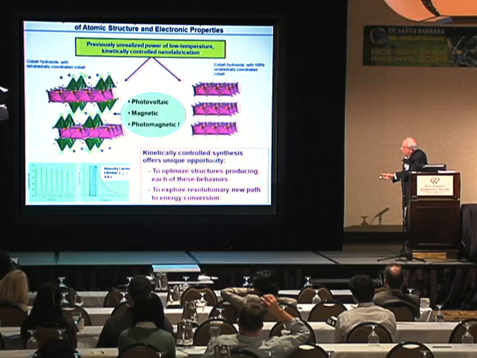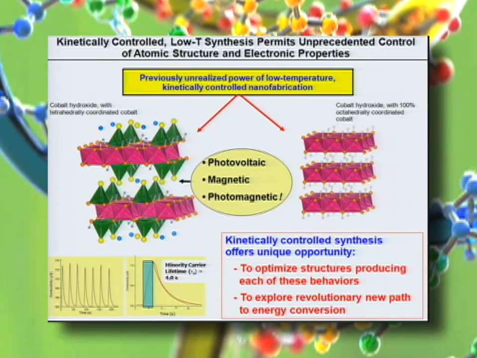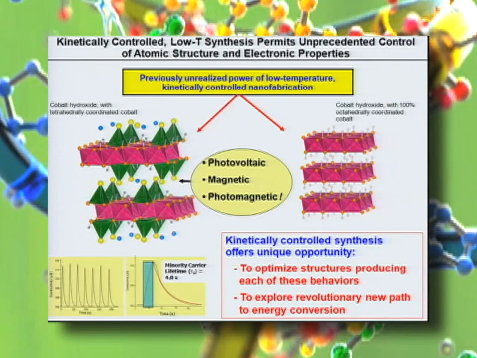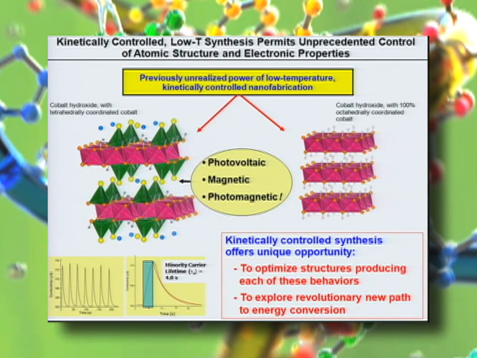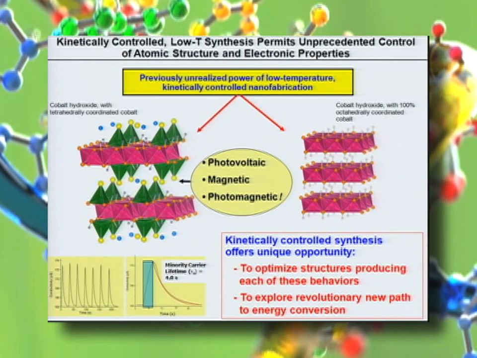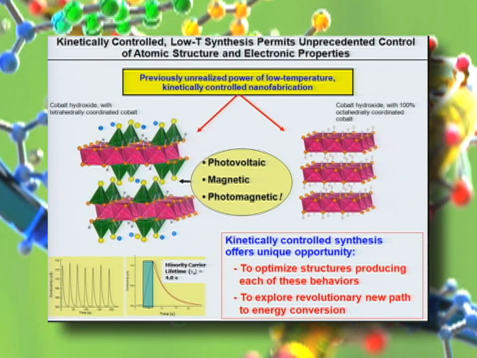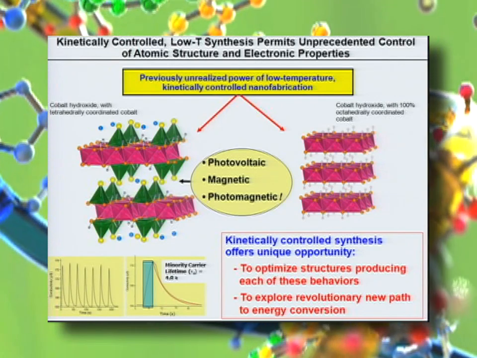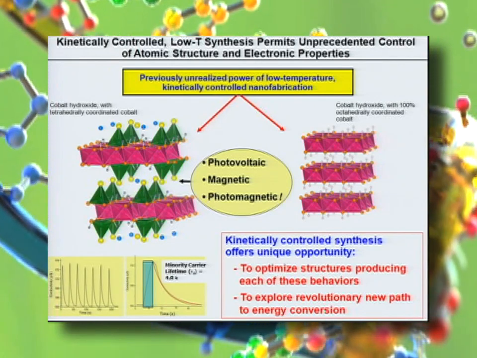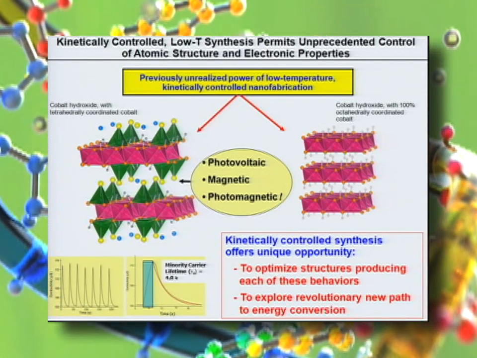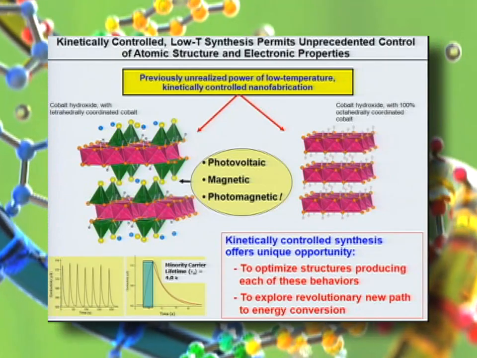This kinetically controlled synthesis, we believe, offers a unique opportunity to optimize structures like this responsible for these important behaviors, and thus to explore, among other things, a revolutionary new pathway to energy conversion, photomagnetism, a way of translating the sun's energy into electricity without suffering the losses that limit all photovoltaic applications because of the losses of the photoelectrons at all the junctions that are involved.